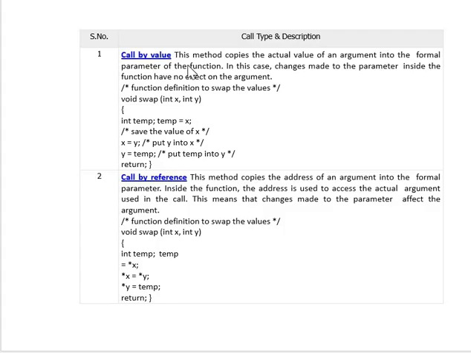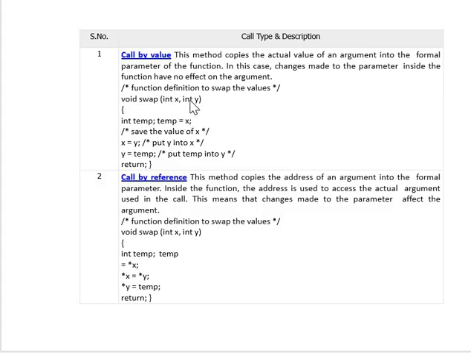In call by value, you are handling something called arguments or parameters in the function. So when you make a call using call by value, the method will simply copy the actual value of the argument into the formal parameter of the function. So what is a formal parameter of the function?